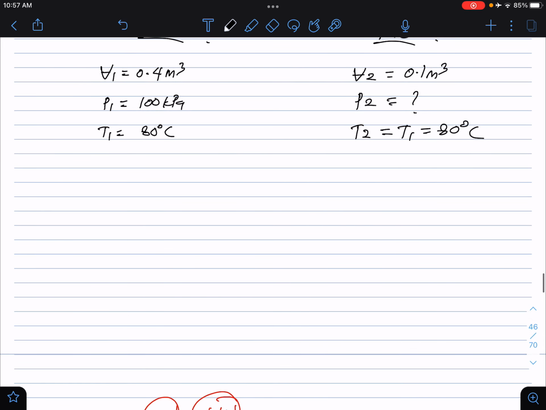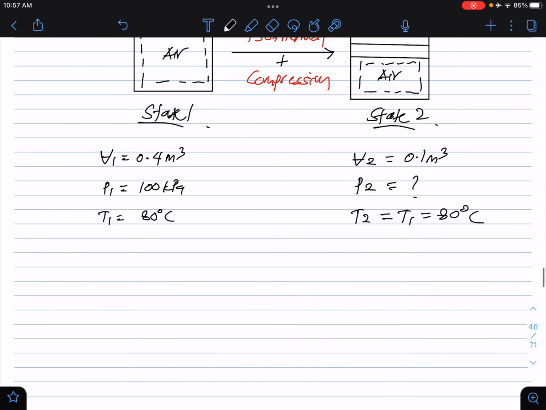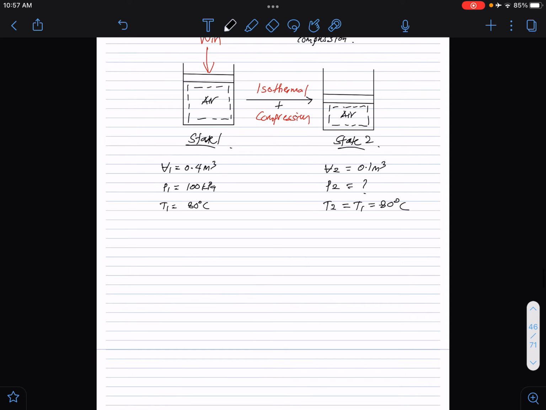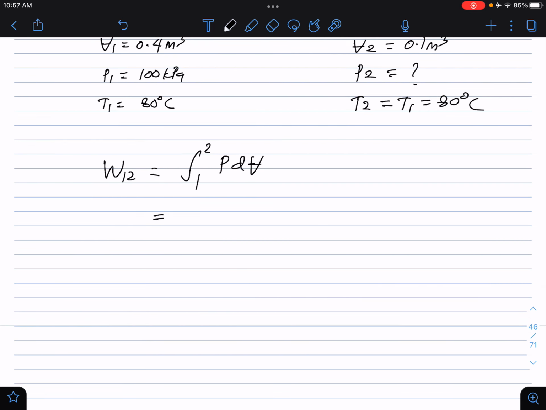Okay, so I think I put another page here. Since this is an ideal gas, we use the ideal gas equation to find the work from state 1 to state 2, integration of P dV. I think we have derived for the isothermal case, it will be equal to PV ln V2 over V1.